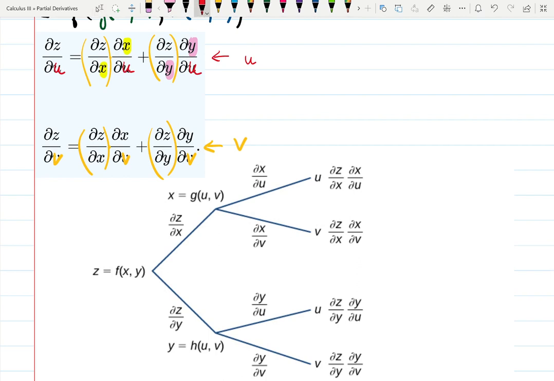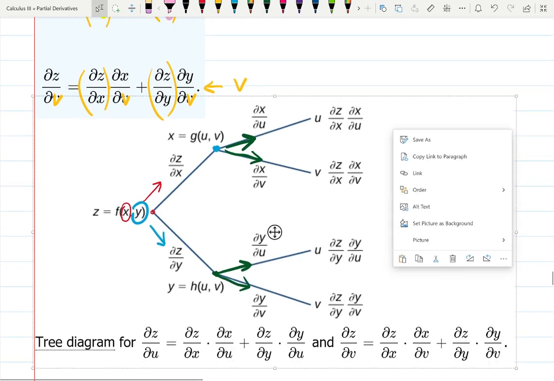I'm first differentiating the function with respect to one of these variables. If x, then I go up over here. If y, then I go down over here. Then from here, it used to be no choice, it used to be just t. But now x also has two choices. If I want to go to u, I will go here. If I want to go to v, I will go here. And y has two choices, u or v. That's why it gets more complicated.